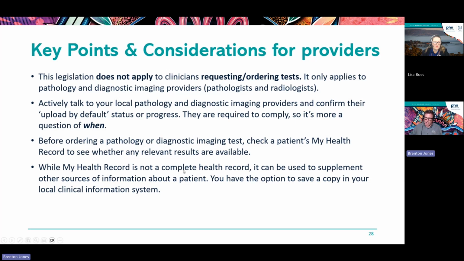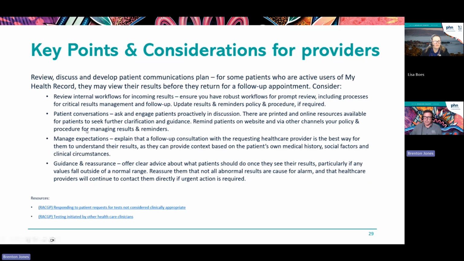And of course, while My Health Record is not a complete health record, it can be used to supplement, as we know, other sources of information about a patient. And remember, for GP clinics, you have the option to save and copy that information into your system as well. But probably I think the biggest thing is a comms plan, right?